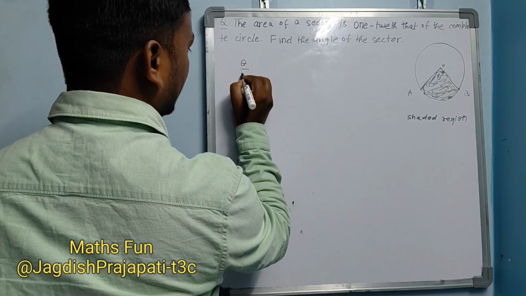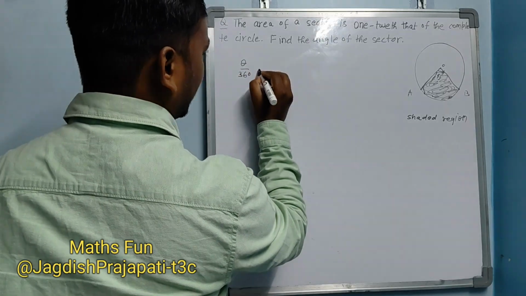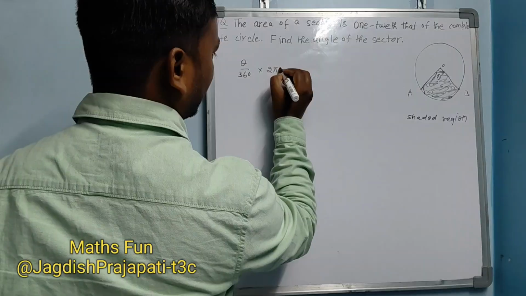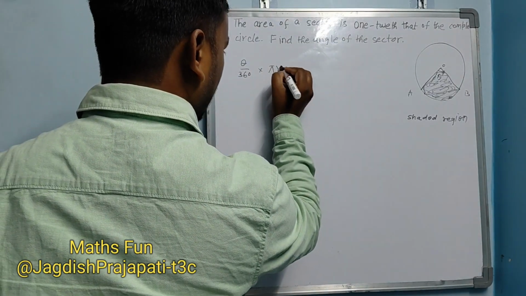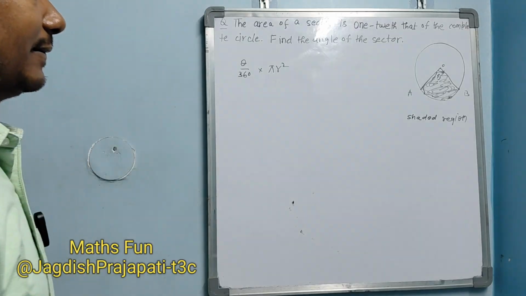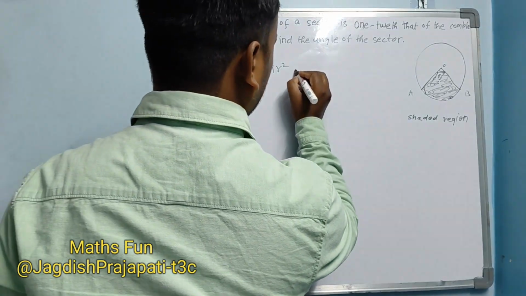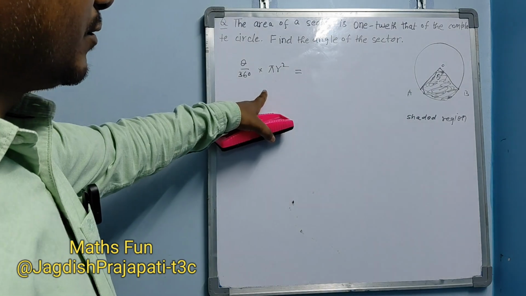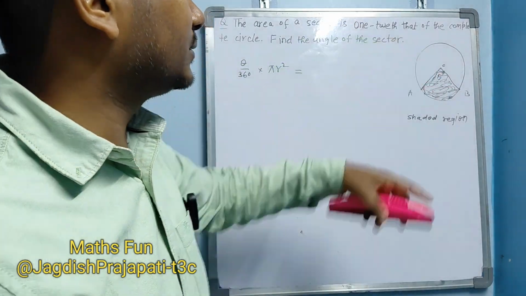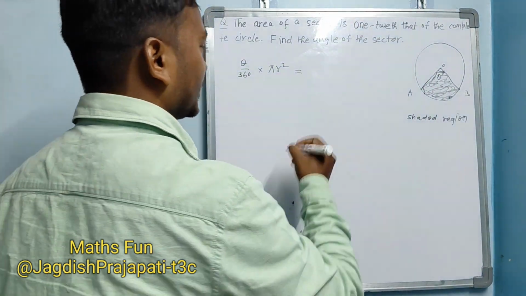So this will be theta by 360 into 2 pi r. No, not pi r, 2 pi r. This will be pi r square. This is area, which is equal to 1/12 that of the complete circle.